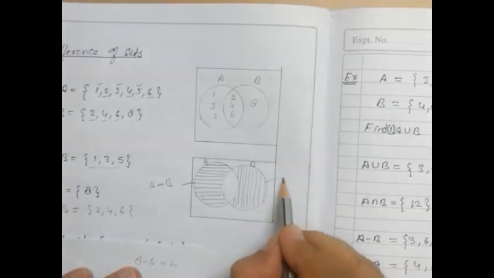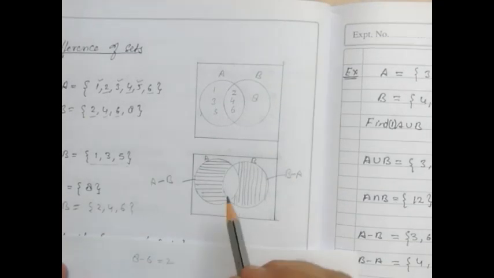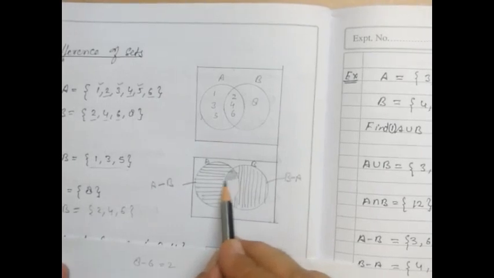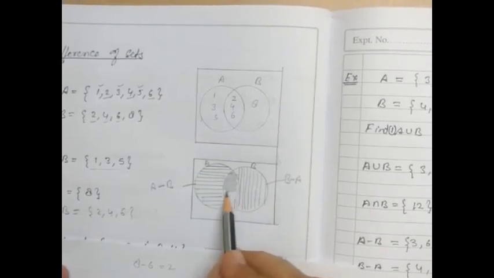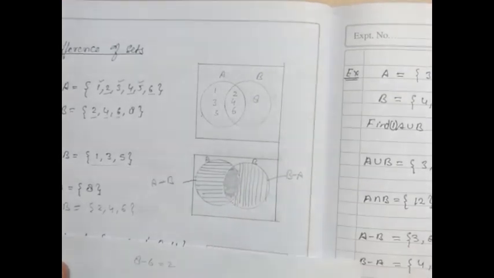So this represents your B minus A. And this, which is shaded dark, is your A intersection B.